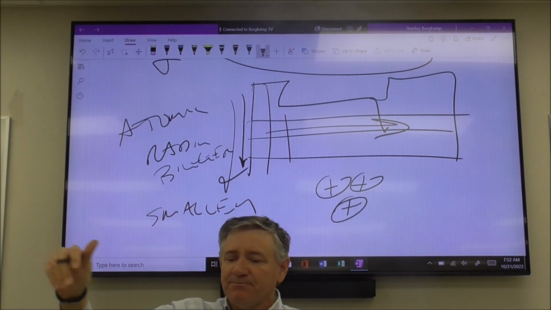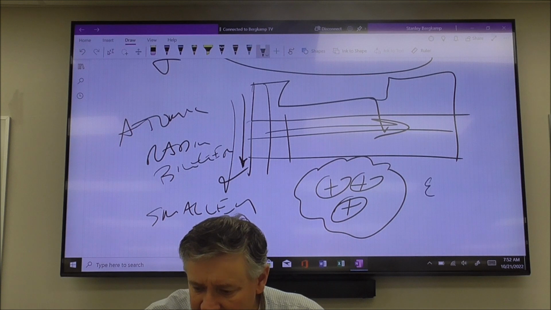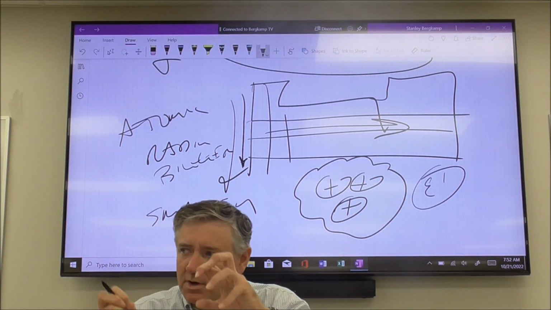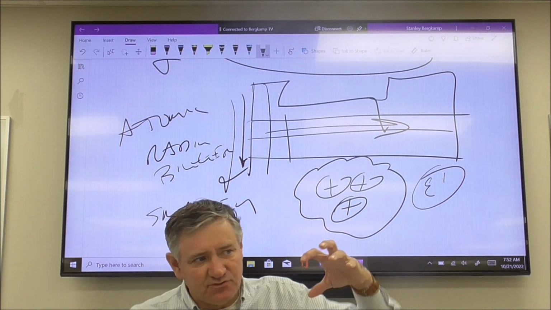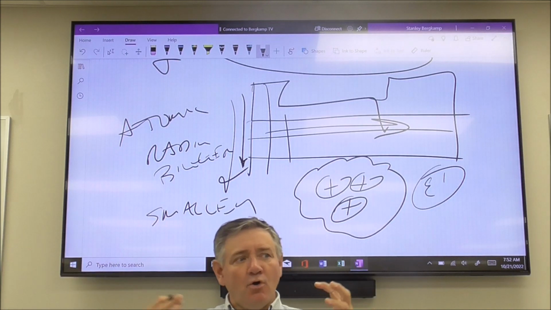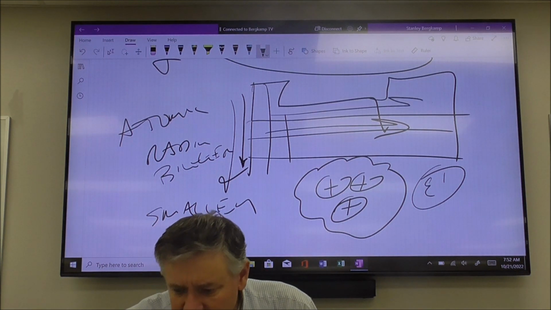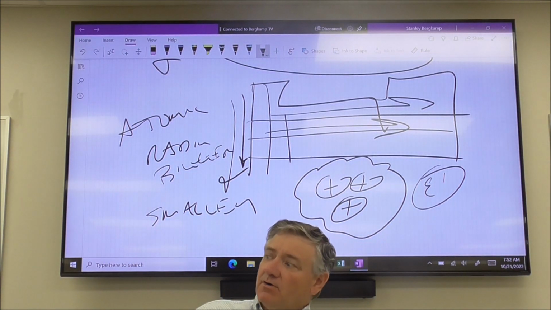So, as you go across, that Eddie the electron is being attracted to more and more protons. So Eddie the electron, as it's feeling that attractive force, gets pulled in tighter and tighter. So as you go across, the atomic radius is actually getting smaller.